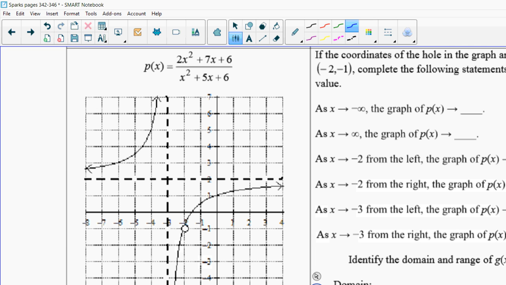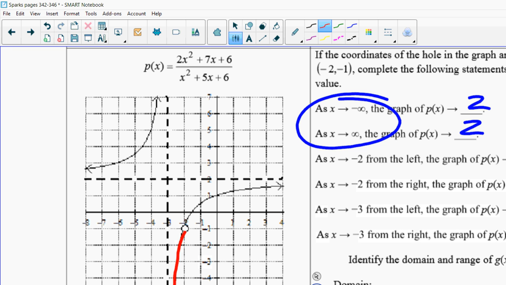When you get some answers, talk to people around you and see if you're getting the same thing. You got some answers? As x approaches negative infinity, 2? Positive infinity? What do we find when we approach positive and negative infinity? The horizontal asymptote, right. As x approaches -2 from the left, -1, because we can only be here, right?